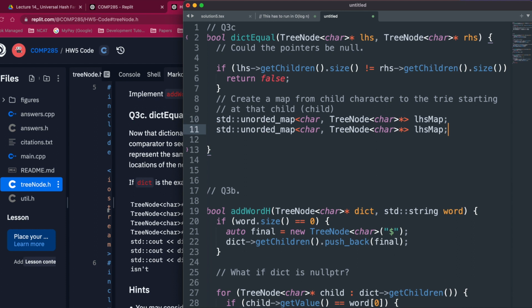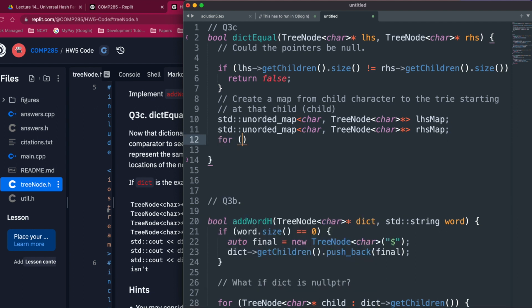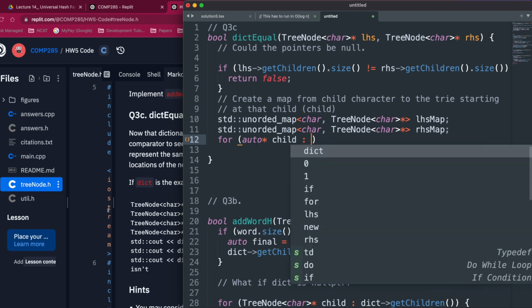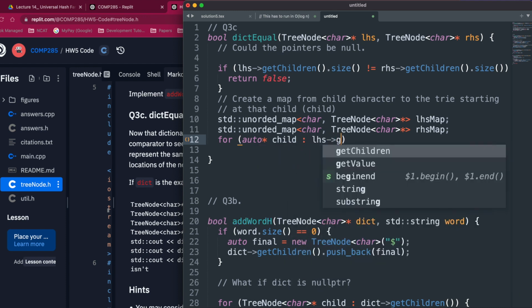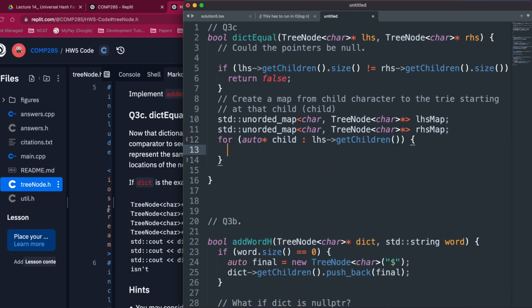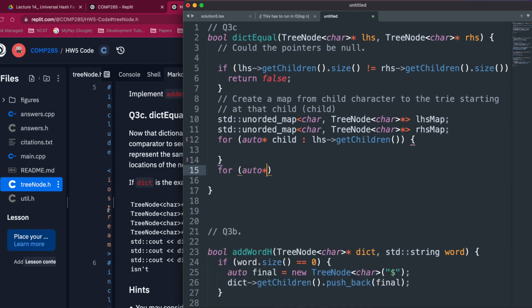And you will do something similar for the right-hand side map. And now we can iterate over the children. So for child in left-hand side get children. And similarly for child in right-hand side get children.